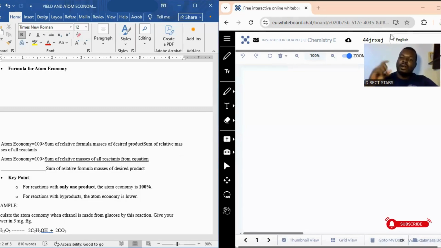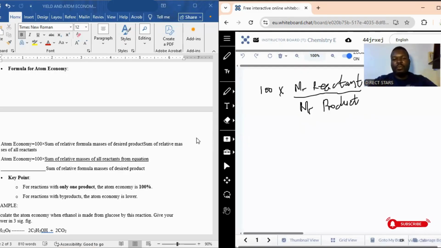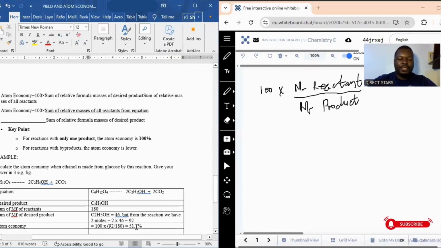It's actually 100 times the relative masses of the desired product divided by the masses of all the reactants. The formula is that simple.